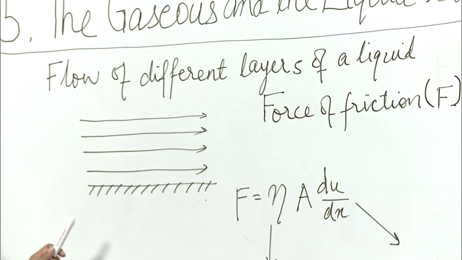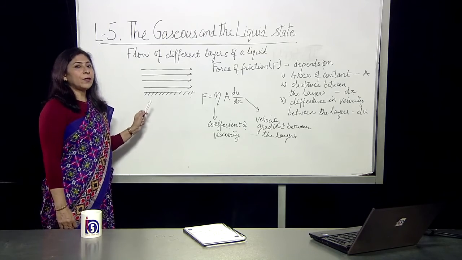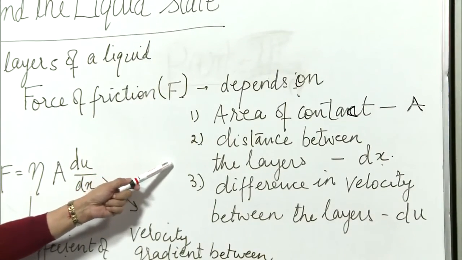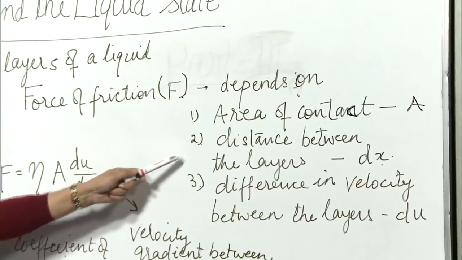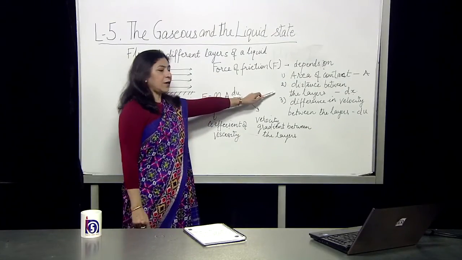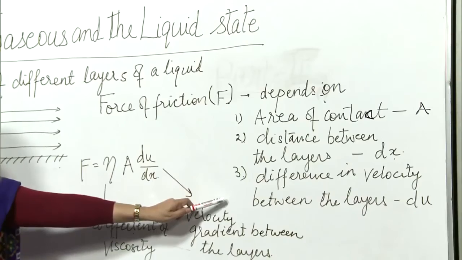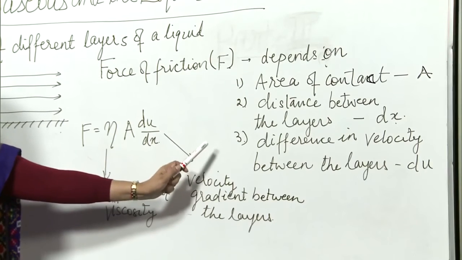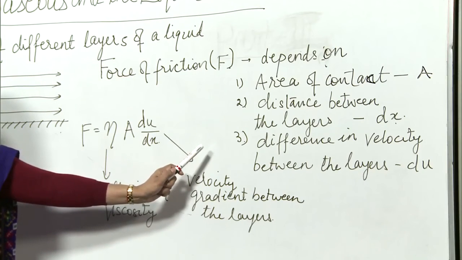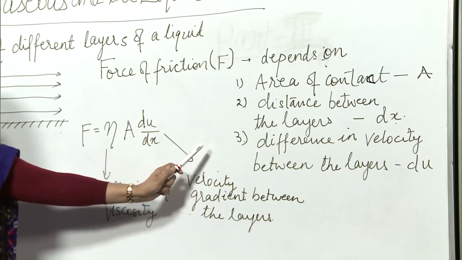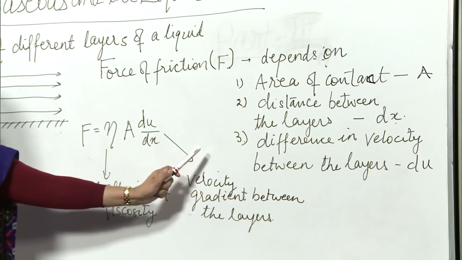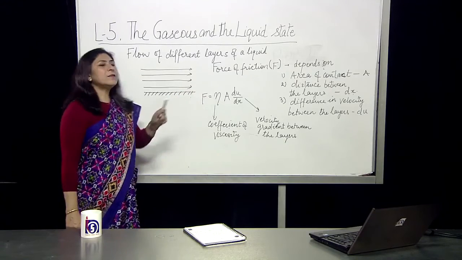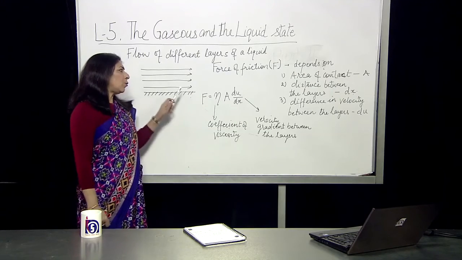This force of friction F between two layers depends on the area of contact between them, A, the distance between the layers, that is dx, and the difference in velocity between the layers, this is du, and the difference, how it comes, I explained to you. The layers which are away from the surface will move faster than the layers which are closer to the surface. Now, how are all these quantities related?